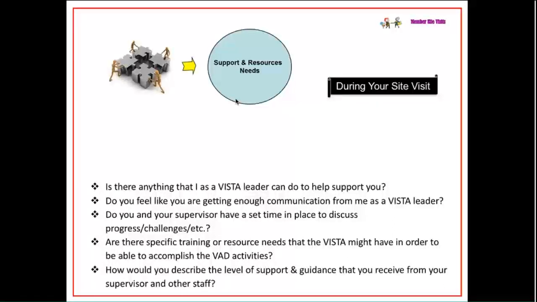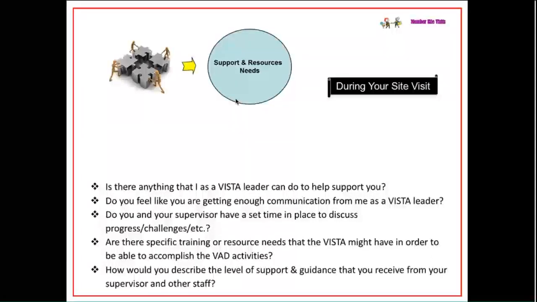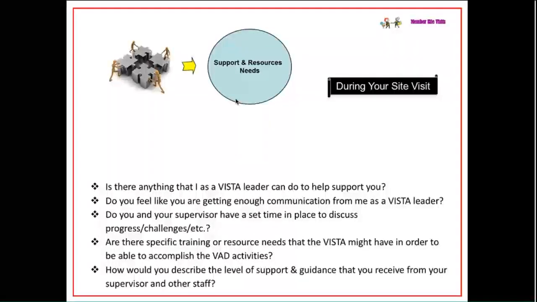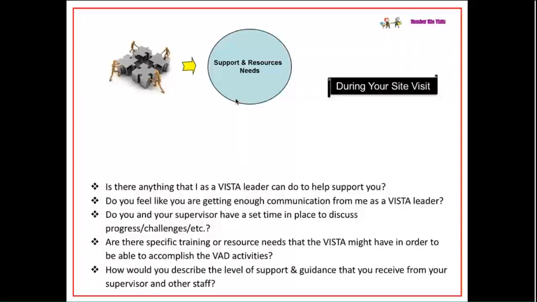And then, as we had talked about earlier too, as we are going through the VAD during my visit with my member, to very specifically ask, so looking at some of your challenges and your VAD needs, what additional training or resources or mentoring do you think you could benefit from?